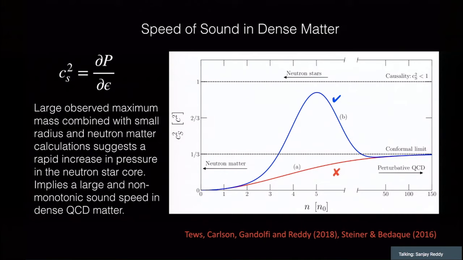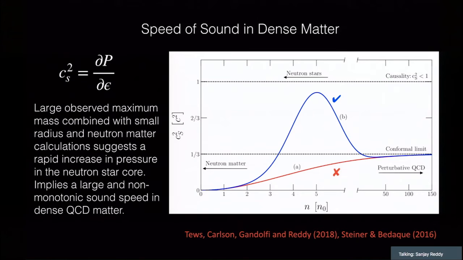What observations have taught us is that the simple monotonic increase of the speed of sound is no longer a viable option. The reason is that it's not possible to make neutron stars that have a small radius and a large maximum mass if you have the red curve. This is a very important insight that we were able to deduce from just observations, because neutron stars certainly need a region where the speed of sound is rising very rapidly and very likely exceeds 1/3.